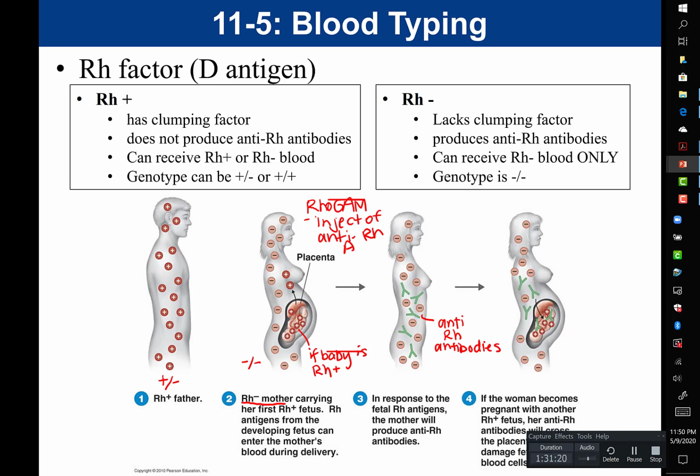AB is antibodies. So during delivery with the first baby, if the mom during labor gets her injection of this Rhogam, which is these anti-Rh antibodies, when you inject them in, the antibodies will neutralize the baby's blood.